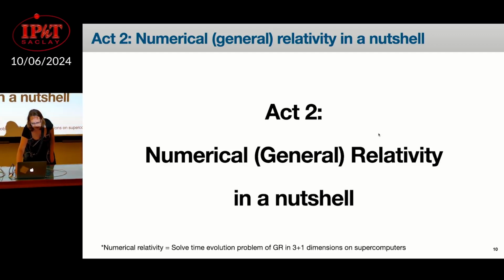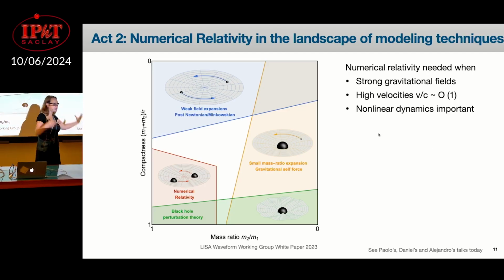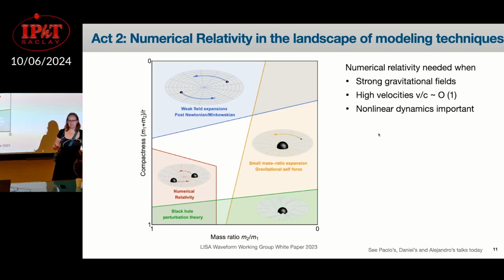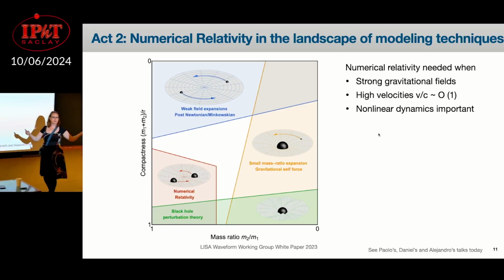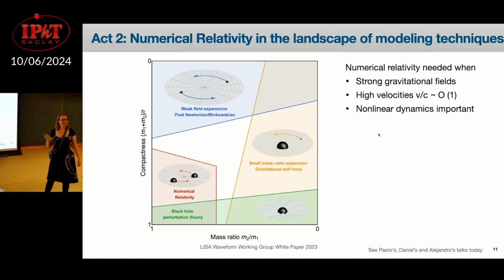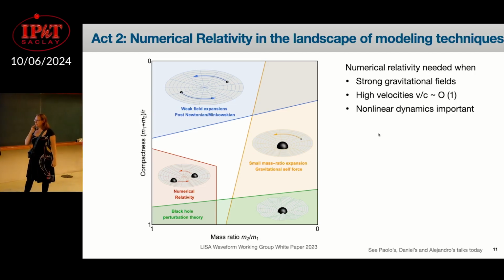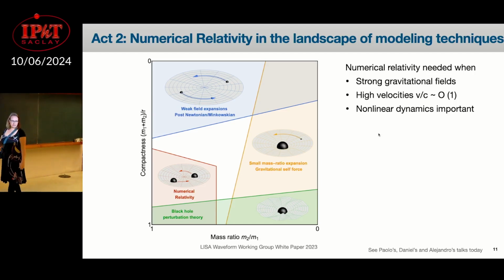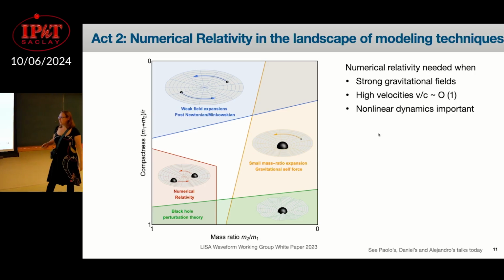But before I go there, I do want to put it in the bigger context of modeling techniques that we need if we look at, say, the compact binary problem. What I'm showing you here really is just a schematic from our white paper for the LISA waveform working group, for which I'm a co-chair.